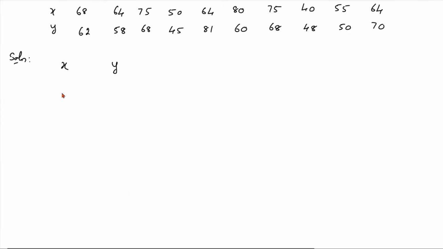In the X column, the values are 68, 64, 75, 50, 64, 80, 75, 40, 55, 64. First we'll identify which values are repeated. 64 is repeated, and 75 is repeated. Similarly in y we'll check. 68 is repeated 2 times.